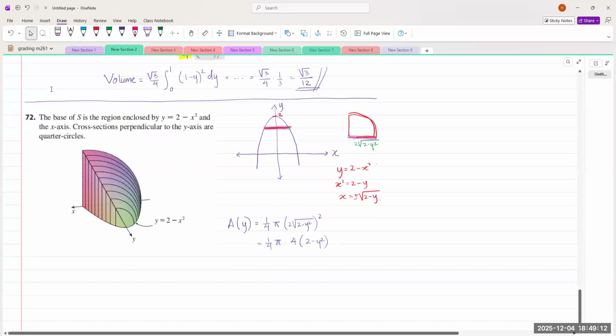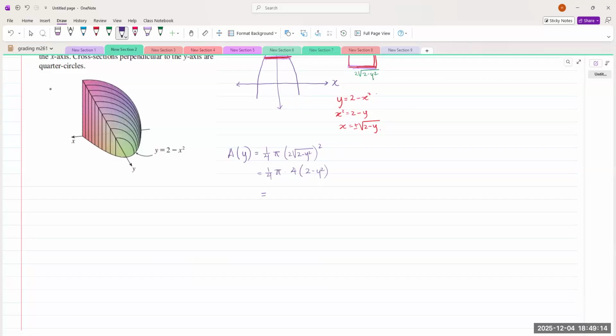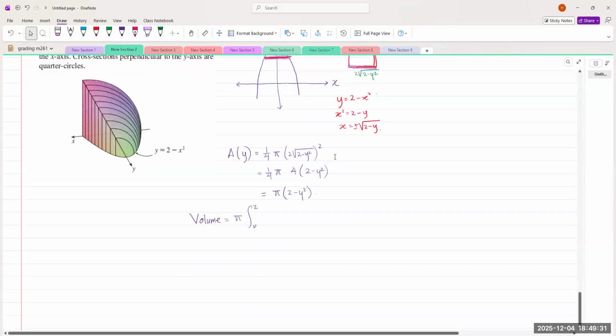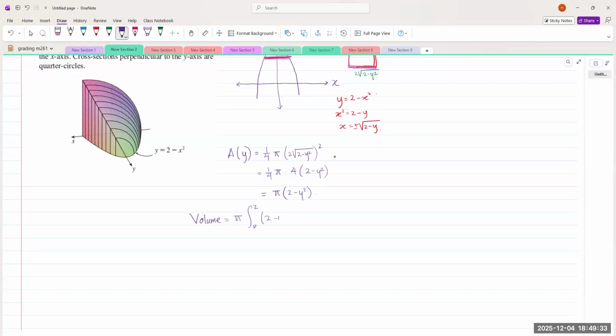Okay, the 4 cancels, so the area of that quarter circle is pi times 2 minus y. The volume, therefore, is pi times the integral from y equals 0 to y equals 2 of 2 minus y dy. Again, my assumption is that you must be able to integrate that yourself.